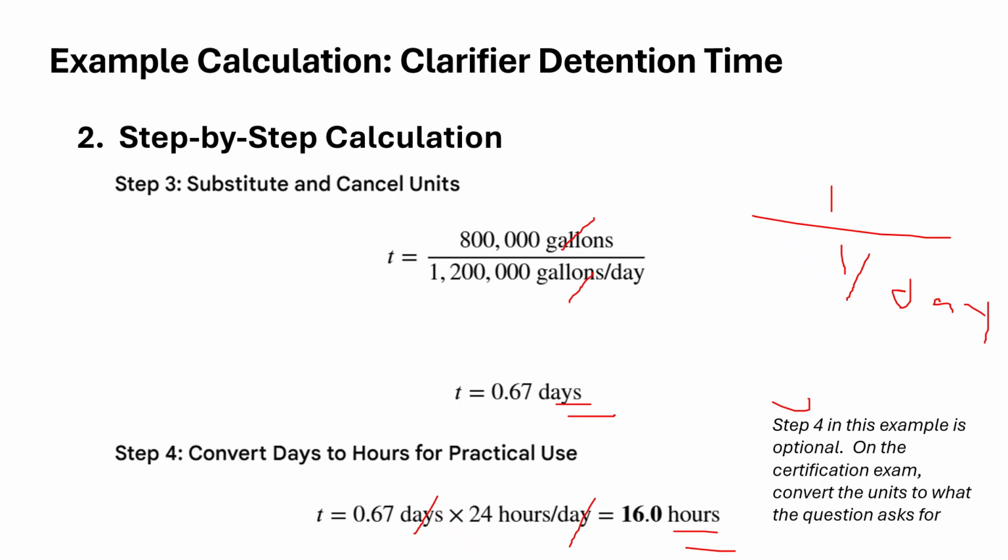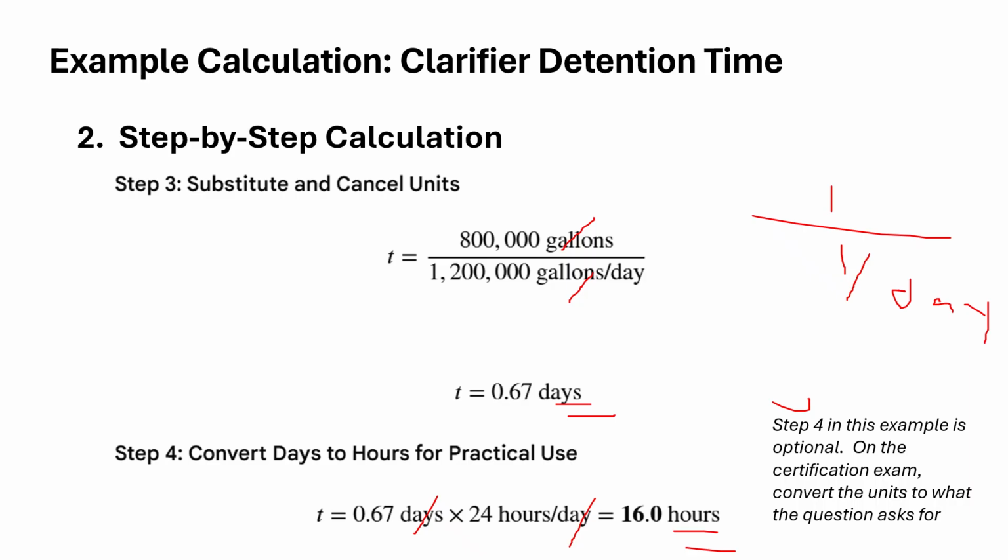In this case, we were given volume equals 800,000 gallons, and flow rate, or Q, equals 1.2 million gallons per day. By writing that out, you see that you've got to convert the 1.2 MGD into 1,200,000 gallons per day. And then you do the math.